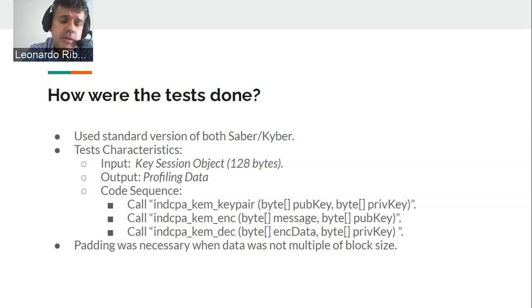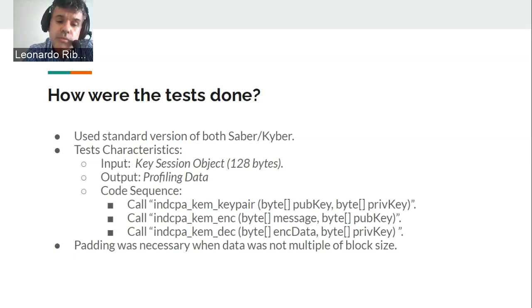So how did we do the code? The code was done in 3 steps. In the first step, we called the key pair function from both Saber and Kyber code. Then after the key pair function, we called the encryption function using the public key created in the last step.